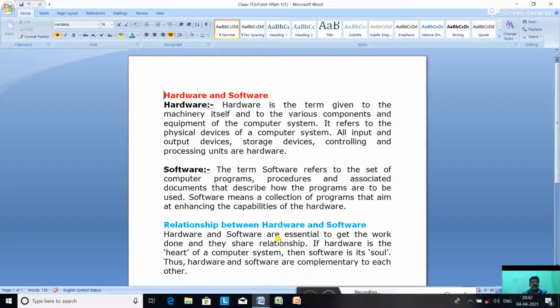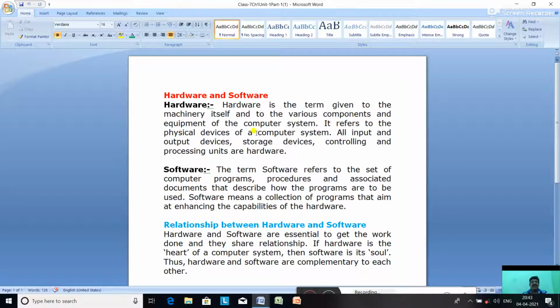Now comes the hardware and software. The terms hardware and software are two words that are frequently used in the field of computers. Now, what is hardware? Hardware is the term given to the machinery itself and to the various components and equipments of the computer system.